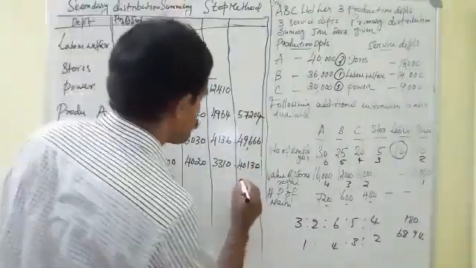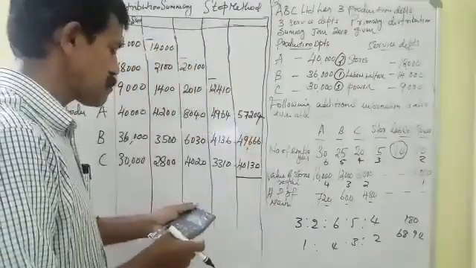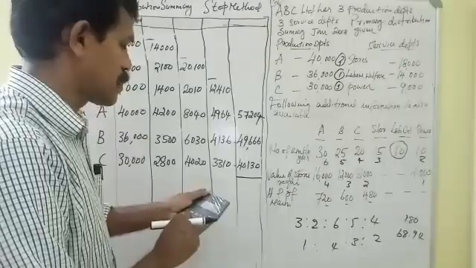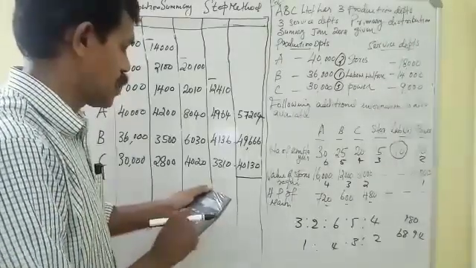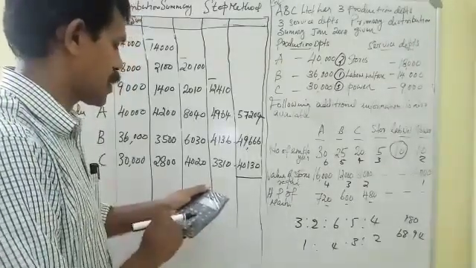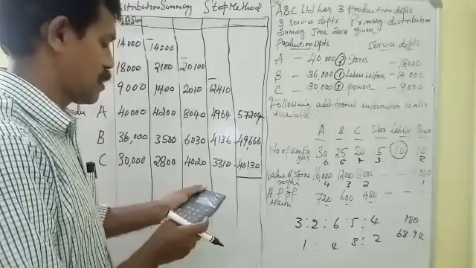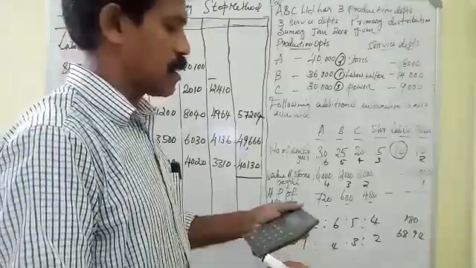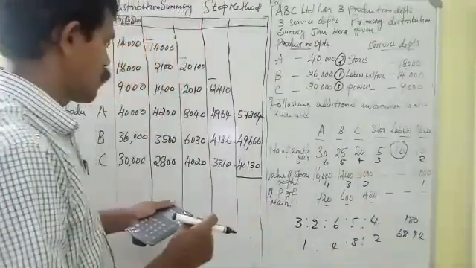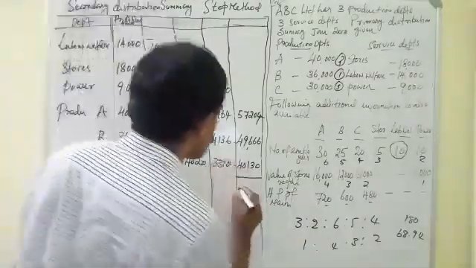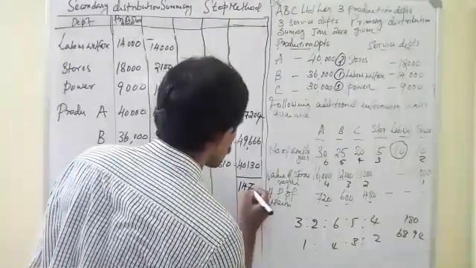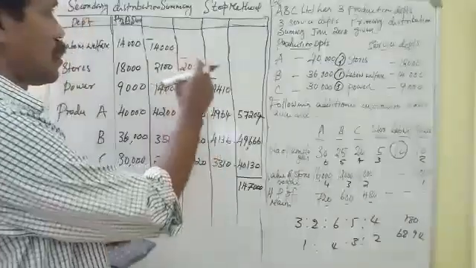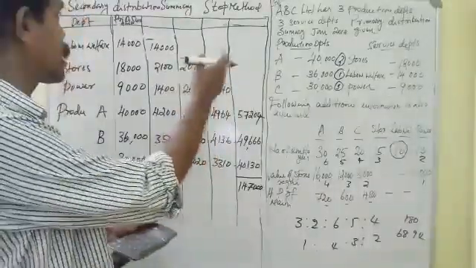Then we total it here: 40,130, 49,666 plus 57,204, that's equal to 1,47,000. I repeat what I did here.